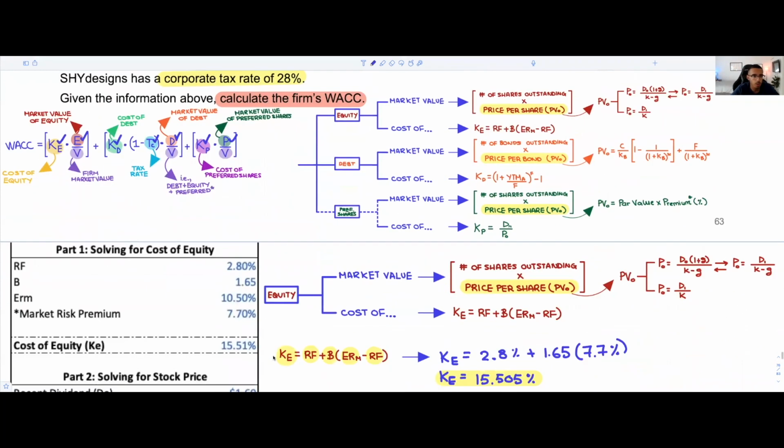The value of the firm, to make it super clear, is simply equal to E plus D plus P.